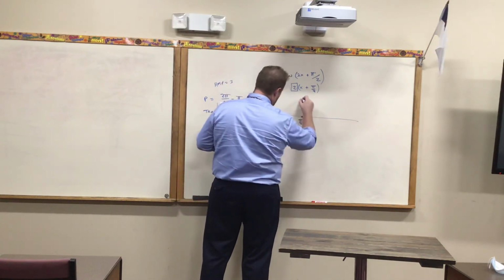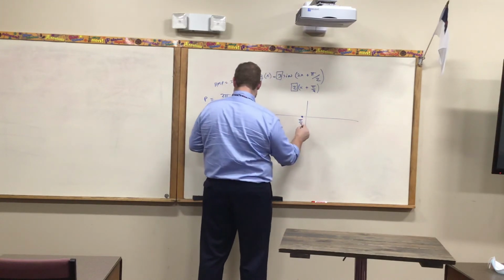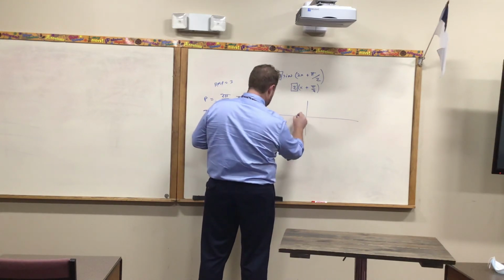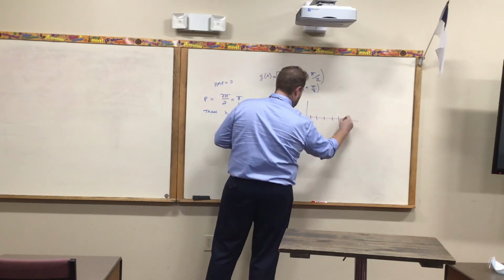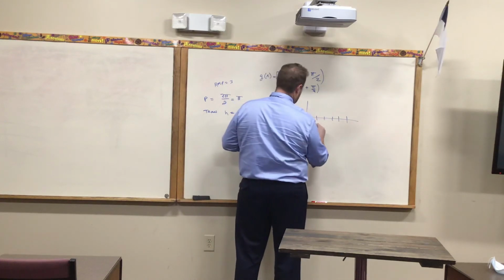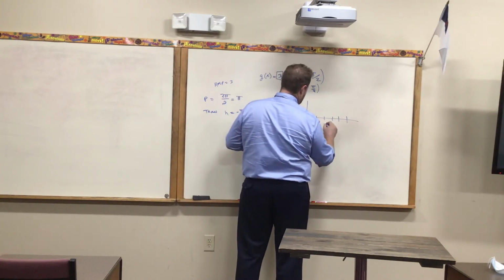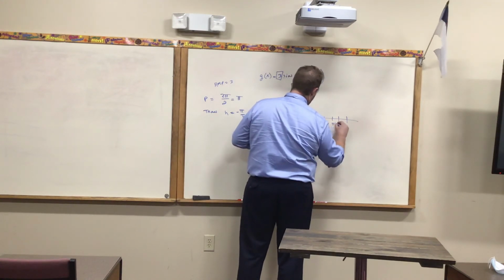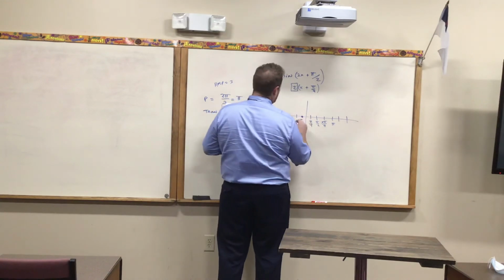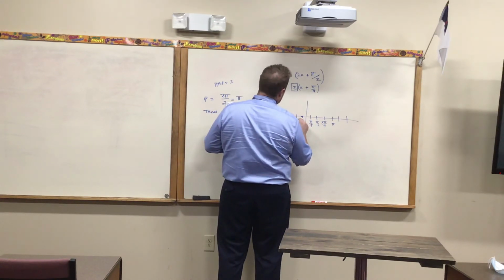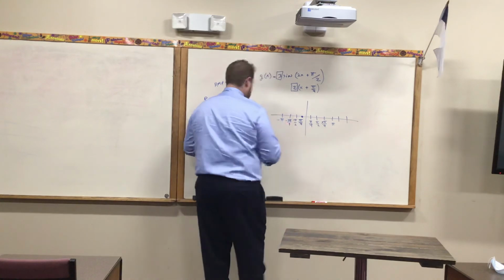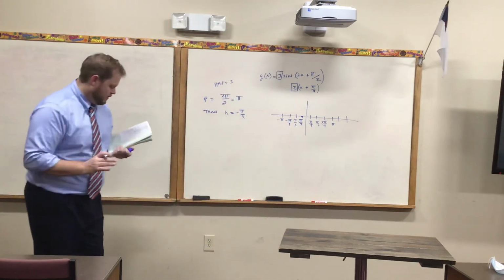So it's going to go down. The marks are a little different: pi over 4, pi over 2, 3 pi over 4, and pi, and on the other side negative pi over 4, negative pi over 2, negative 3 pi over 4, and negative pi. We don't need to go any further.